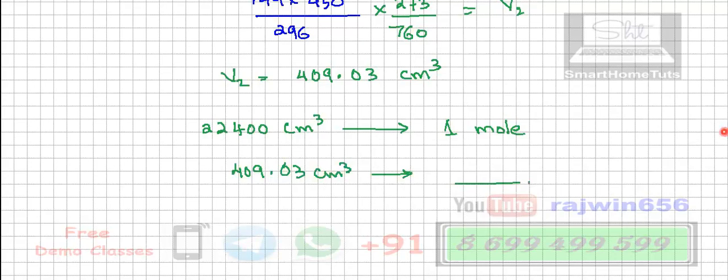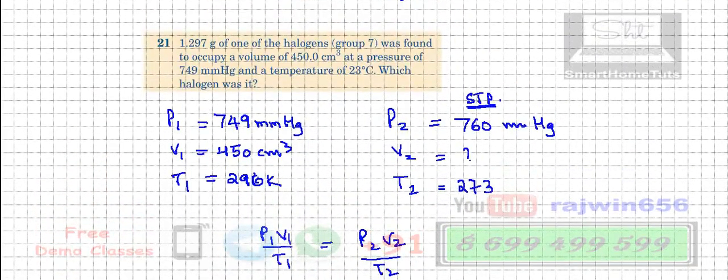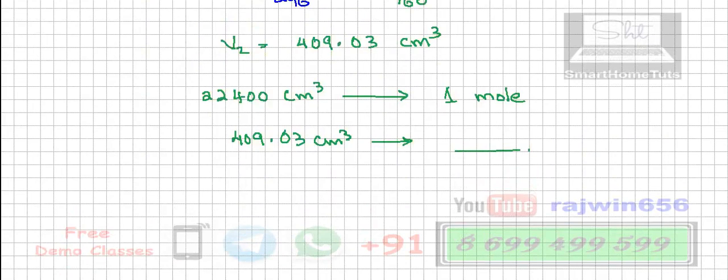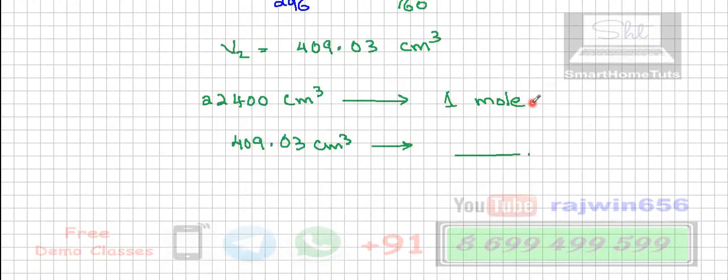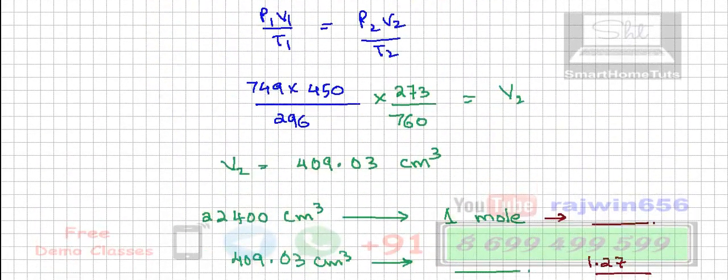I think the mass is given. Yeah, the mass is there. So we'll directly put this. Okay. So should I give the answer? Just wait. I calculated on the calculator. In terms of mass, it is going to be 1.297.